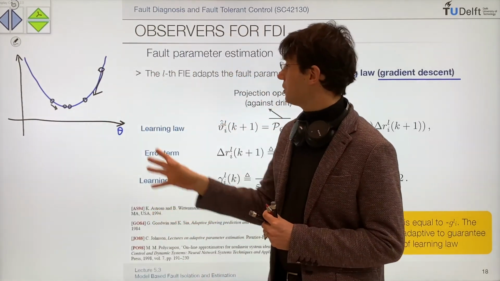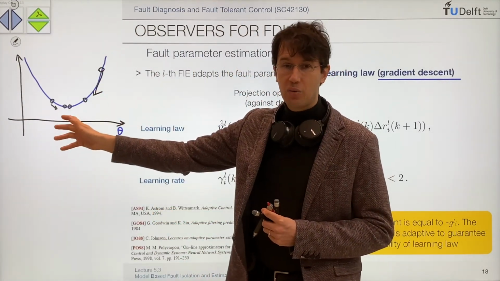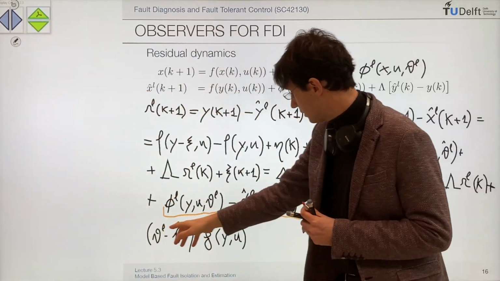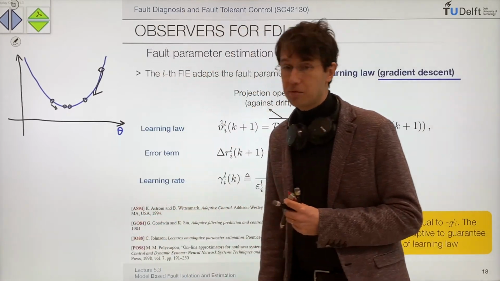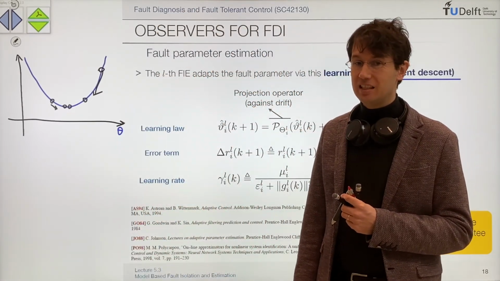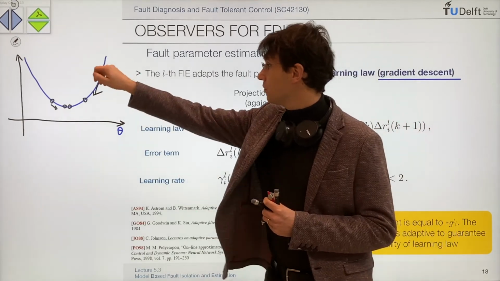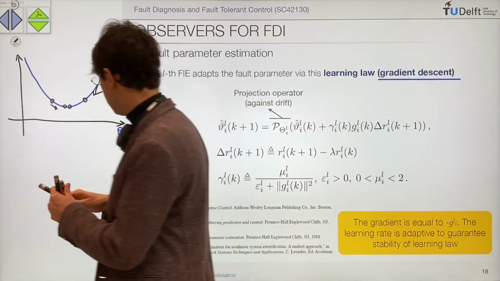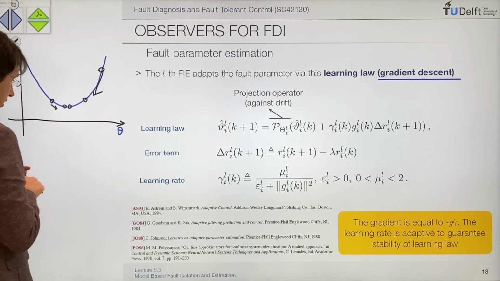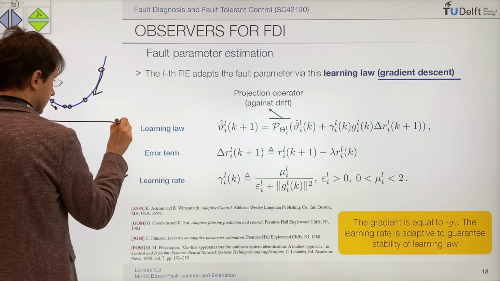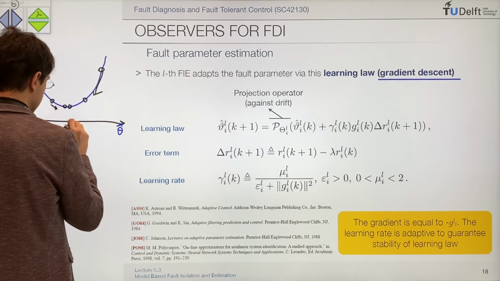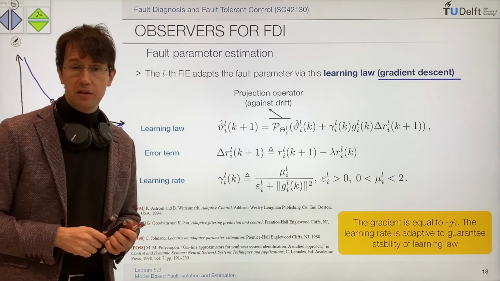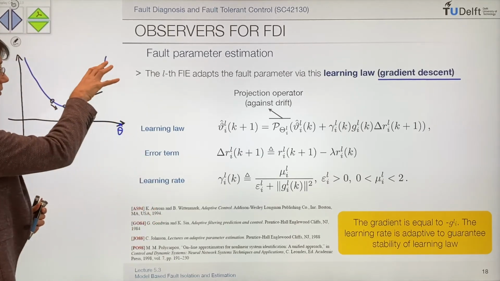So are we in a situation like that? Well, yes, because you see the residual depends on this. So if we can update the estimate of theta in the direction where we get a smaller residual, we get to our goal, where the true theta is here.